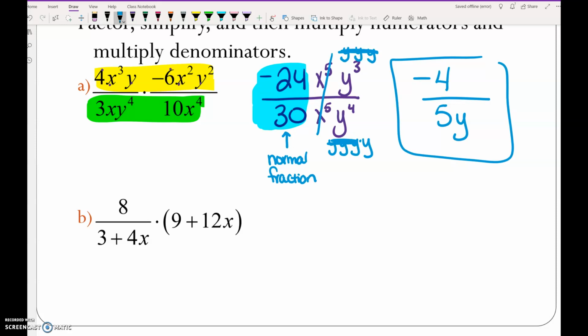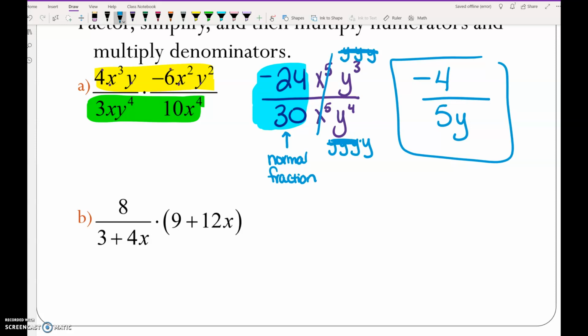Okay, in part B, this book in particular really likes to put things in the wrong order. Do you see anything in this problem that looks wrong? Negative 4. The next problem. Oh. 3 plus 4x. How are we used to seeing that? 4x plus 3.